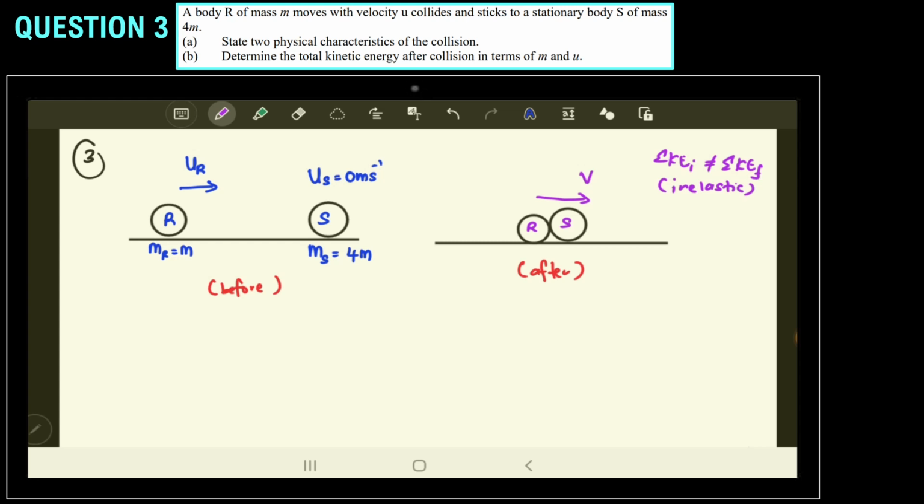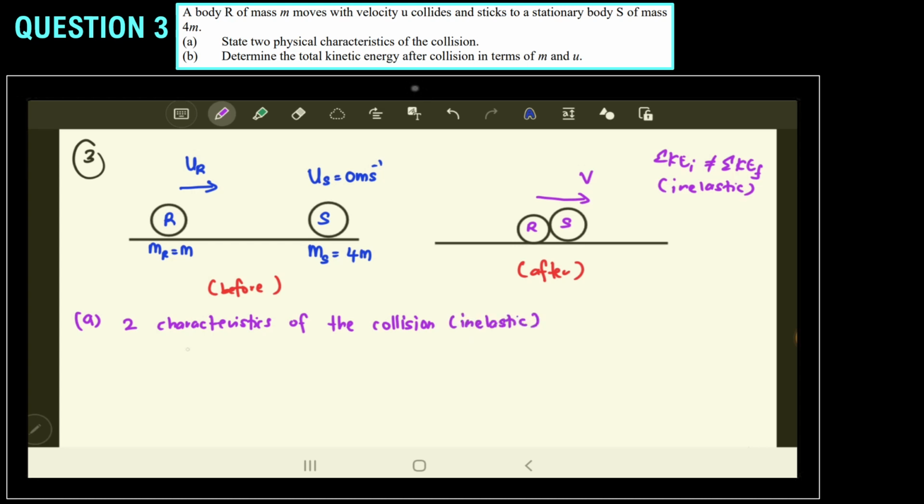Okay, so now to answer question A, alright, two physical characteristics of the collision. So I write two characteristics of the collision, and we consider it's inelastic.